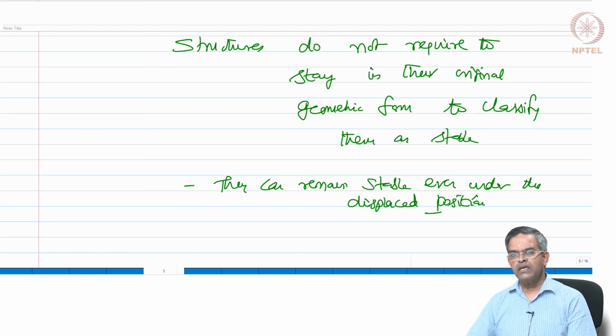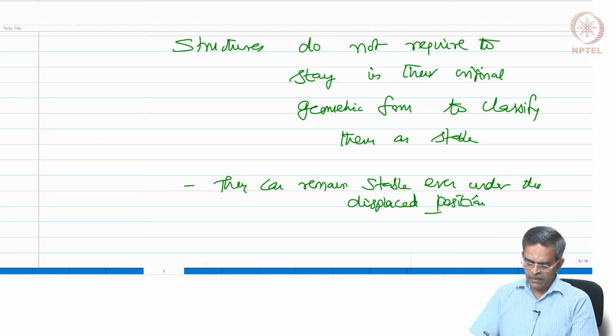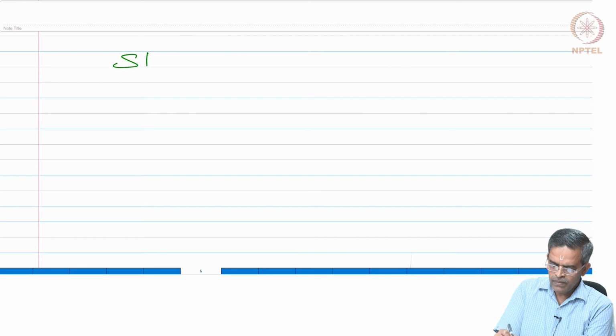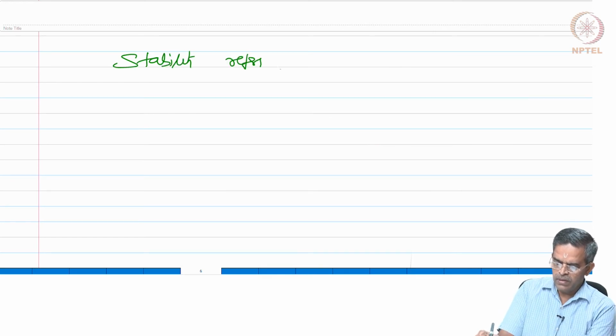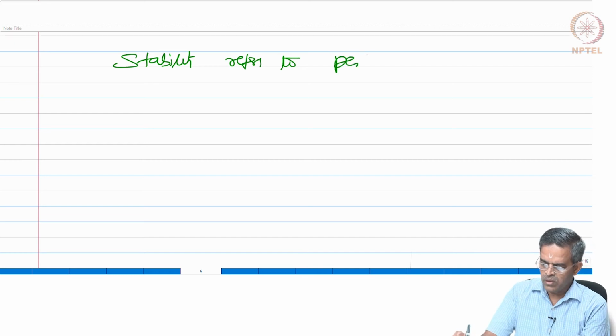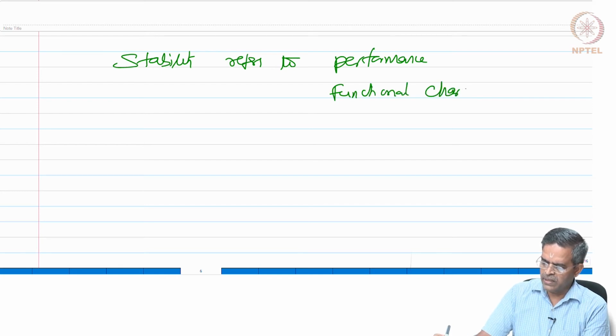So, stability is always referred to as a performance index. Okay. Stability refers to performance or functional characteristics.